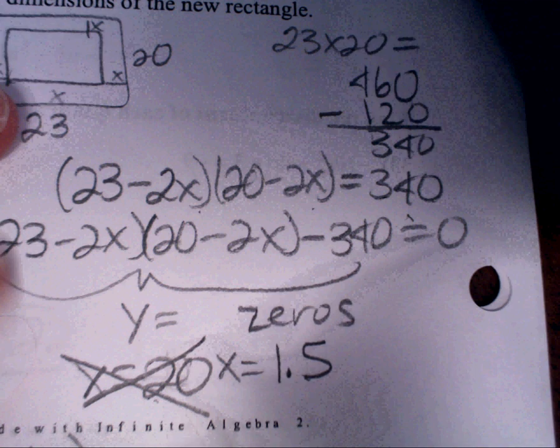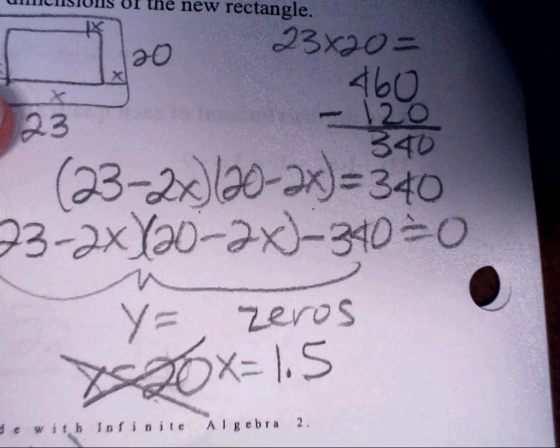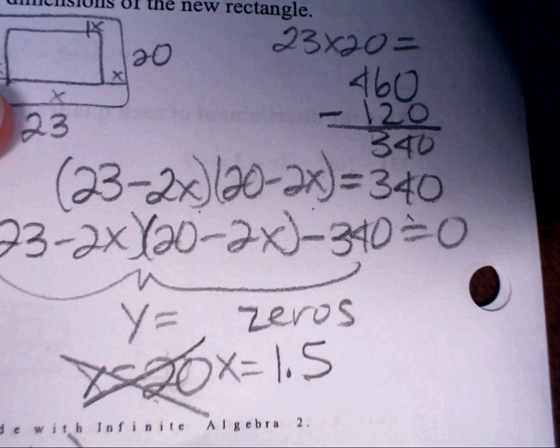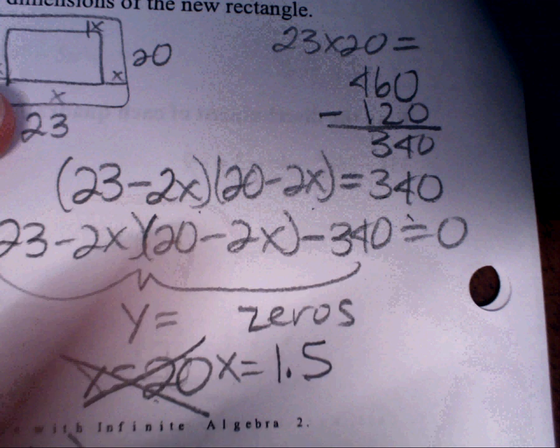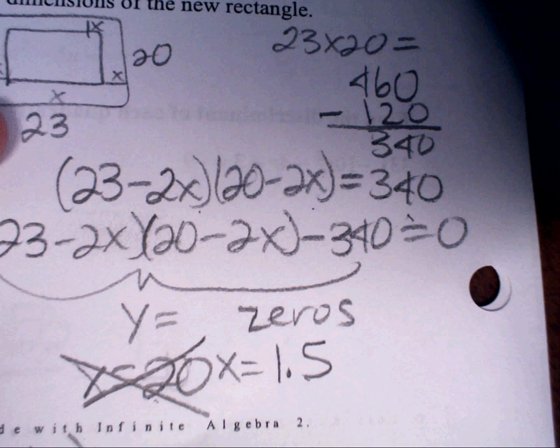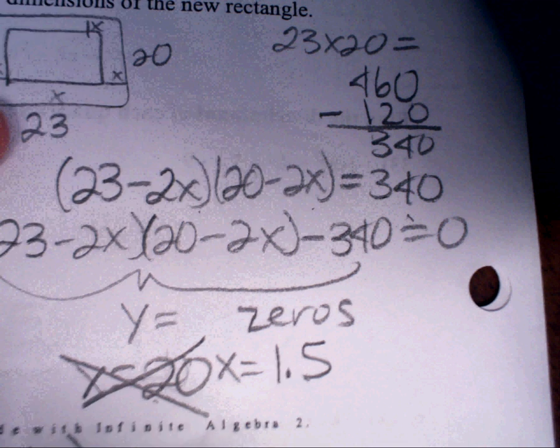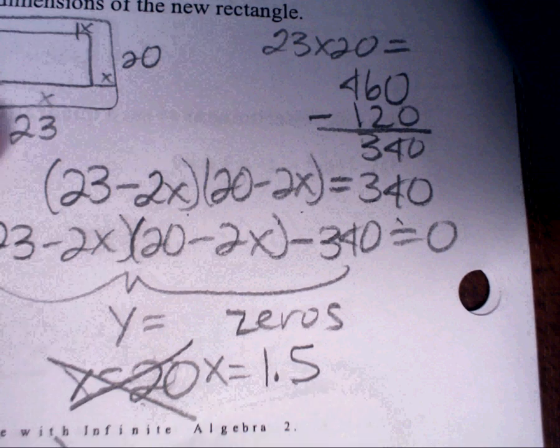Sorry, give me a second. So I plugged it in for one of the sides that we showed by the equation, 23 minus 2x. So 23 minus 2 times 1.5. My calculator's not working. That's 20.